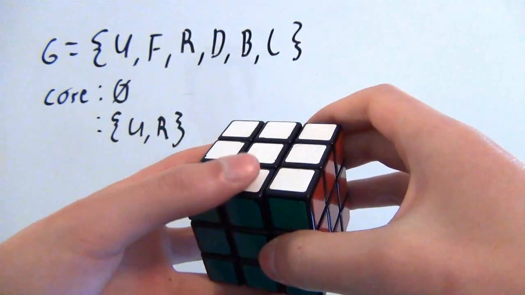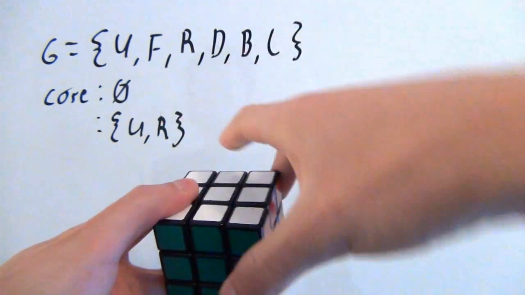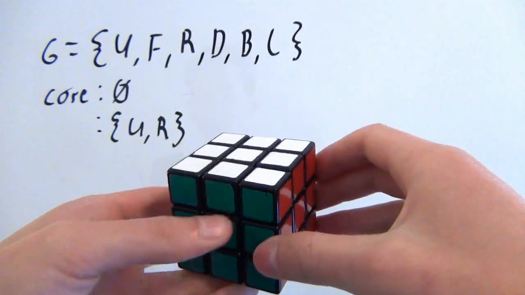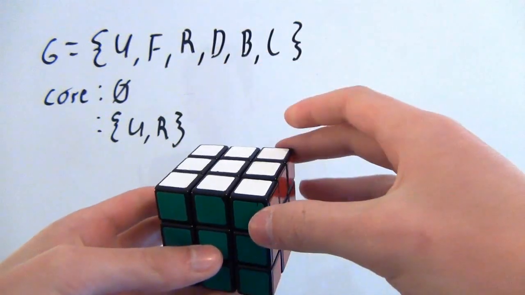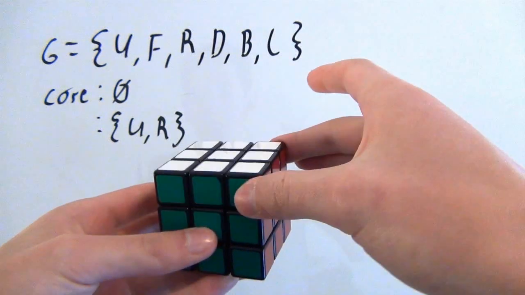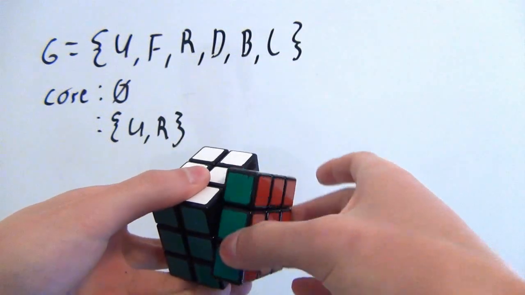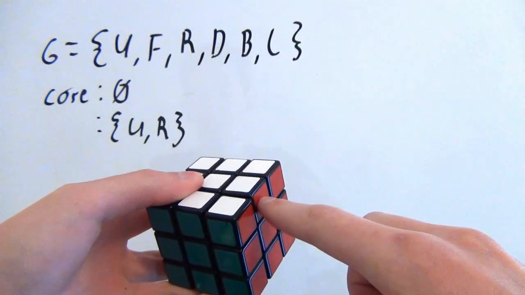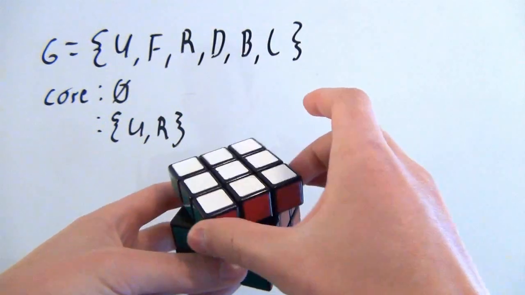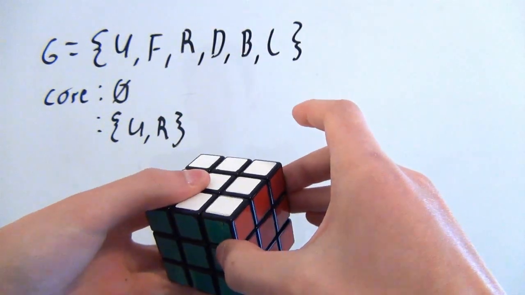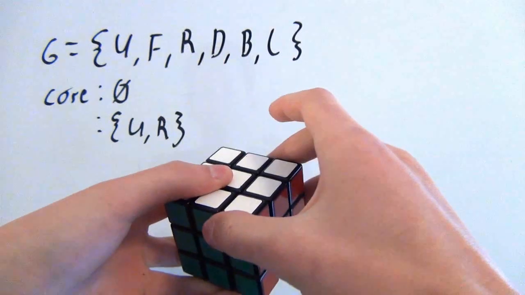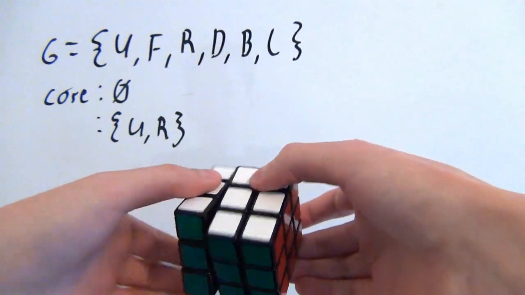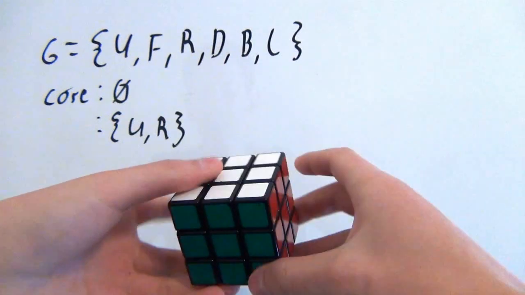If we look at a regular 3x3, let's try moving these grips and seeing if we see anything that's moving with only those two grips. Well, let's move U, and let's move R. Take a look at this edge piece here. If we move U, it moves. If we move R, it also moves. But it doesn't move with the other four.